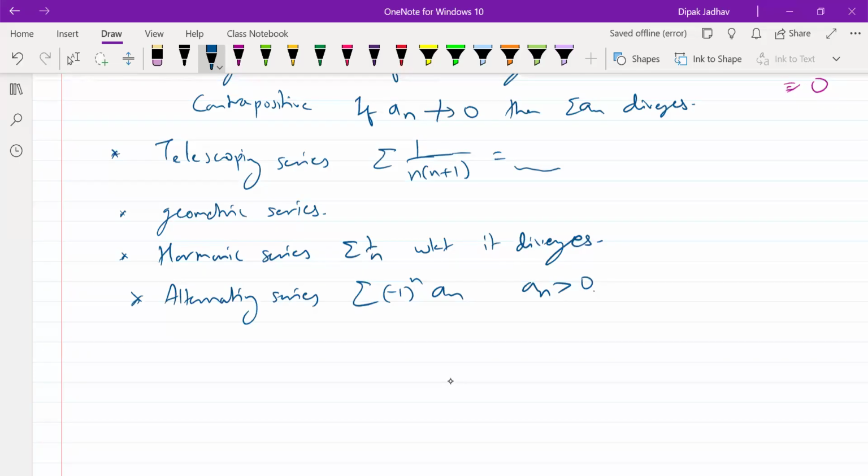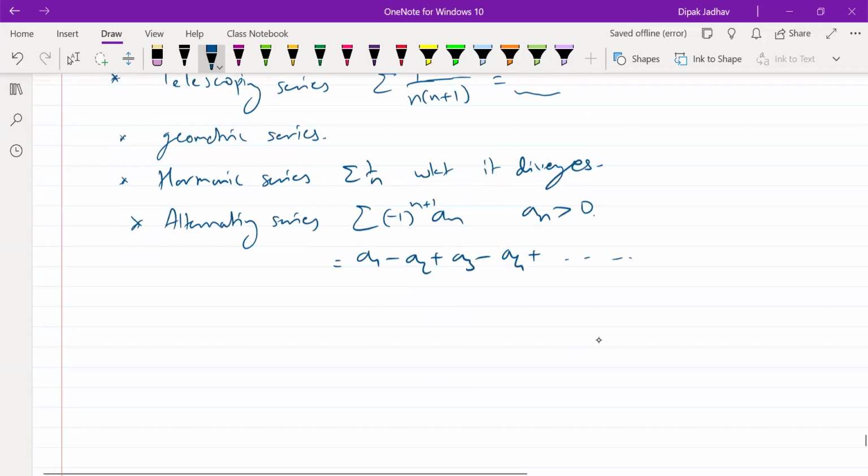If I expand this, it is a1 minus a2 plus a3 minus a4. Terms are strictly positive, but the signs of the terms are alternating. First term is positive, second term is negative, positive, negative, and so on. Such a kind of series is called an alternating series. And we apply the Leibniz test for checking convergence of such series.